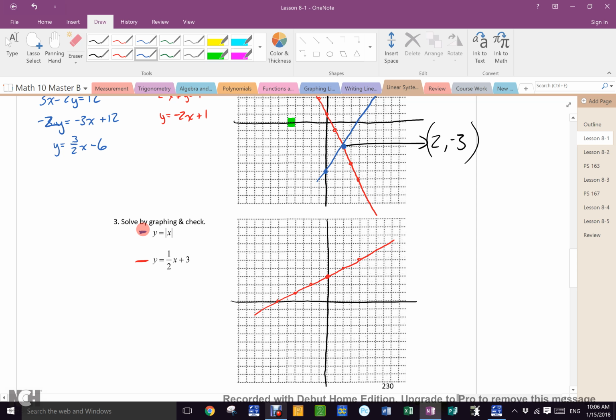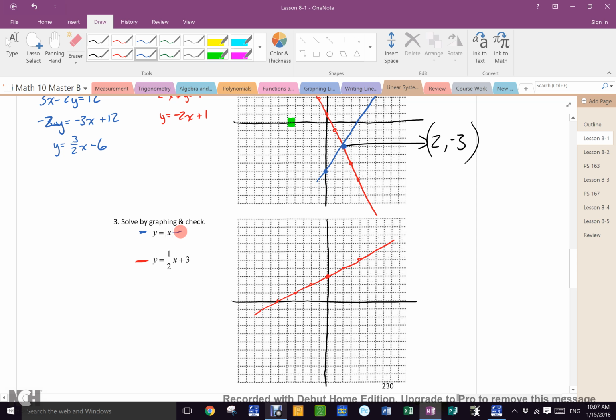Does anybody know what that notation means? Anybody. I wouldn't expect many of you to, unless you're from another country. You guys know what it is? No? Nobody? Okay, this is something you're going to see. It actually has a lot of applications in science, because that is what we call absolute value.